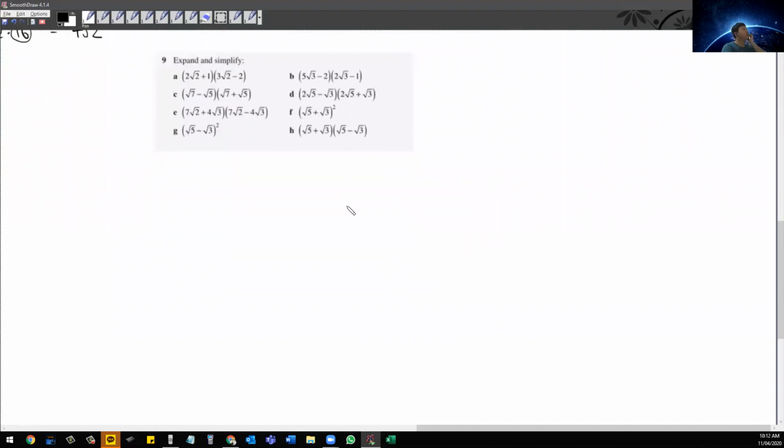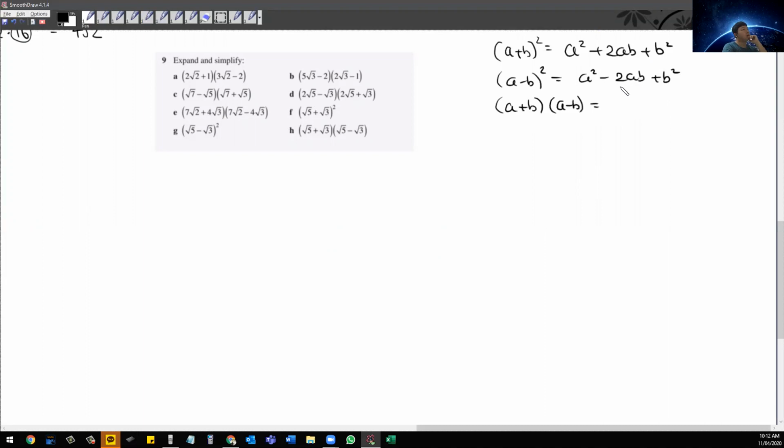Okay, so you guys remember this stuff, right? A plus b squared is a squared plus 2ab plus b squared. A minus b squared is a squared minus 2ab plus b squared. And a plus b times a minus b equals a squared minus b squared.